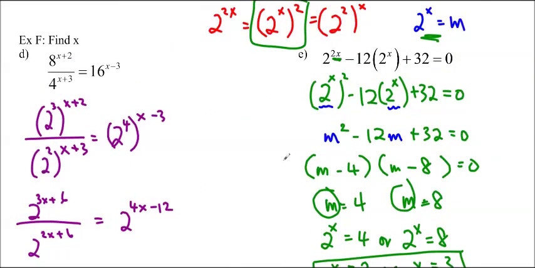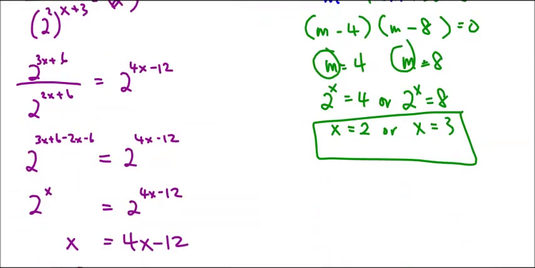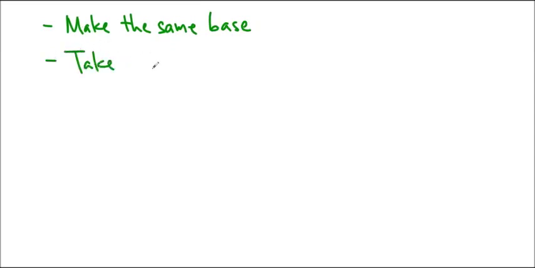Alright. So we had a few different strategies in this lesson. We did making the same base and then equating the exponents. We did take out the plus 1, so like 2 to the x plus 1 minus 2 to the x, for example.